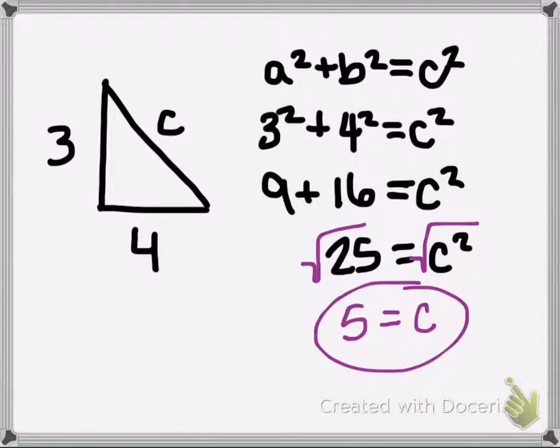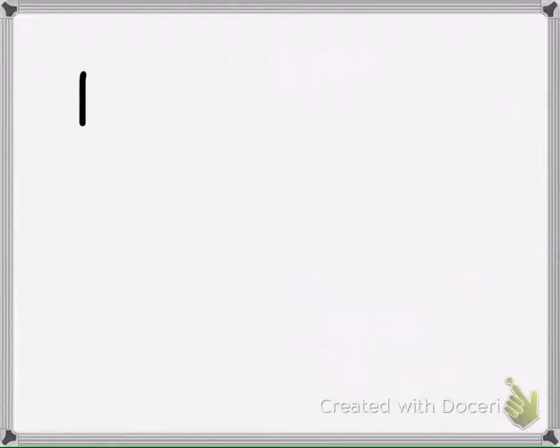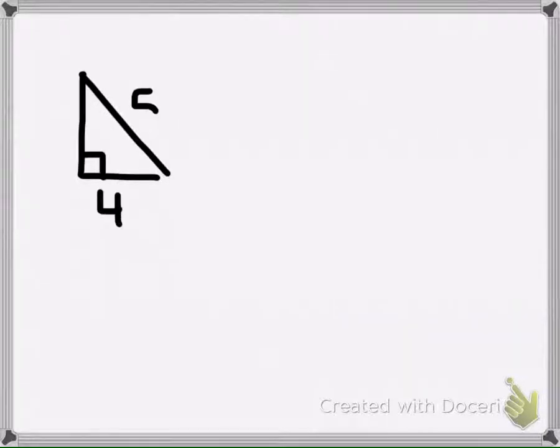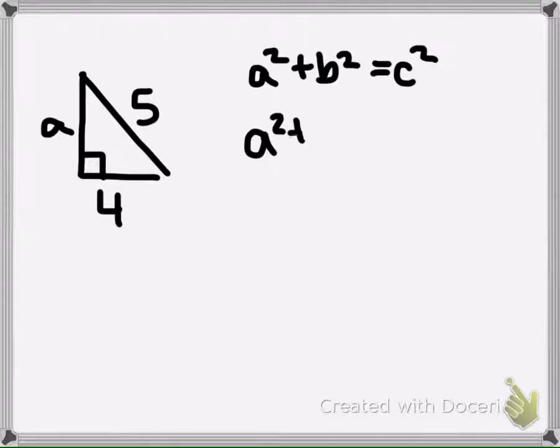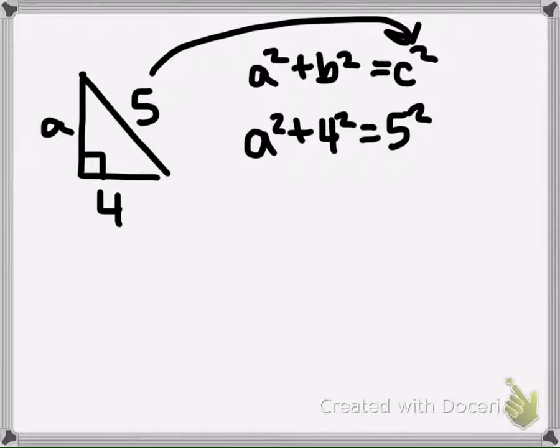Sometimes your missing side will not be your hypotenuse. It may look something like this. Notice the hypotenuse is 5. It's the longest side of the right triangle. So when we plug it into our formula, it's going to be substituted in for c. If you set this up incorrectly, you will get the wrong answer.